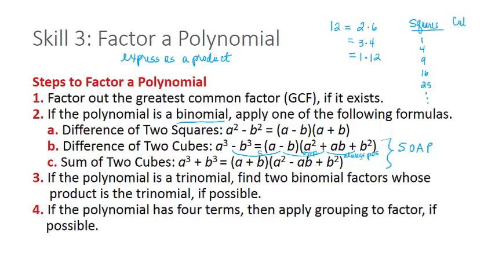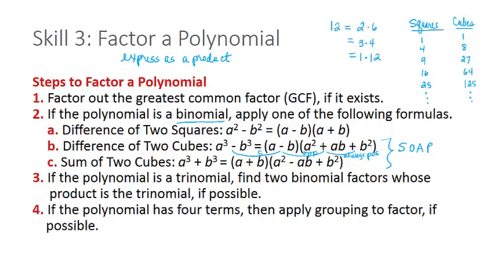For the perfect cubes, 1 cubed is 1, 2 cubed is 8, 3 cubed is 27, 4 cubed, 4 times 4 times 4, is 64, 5 cubed is 125, and so on.